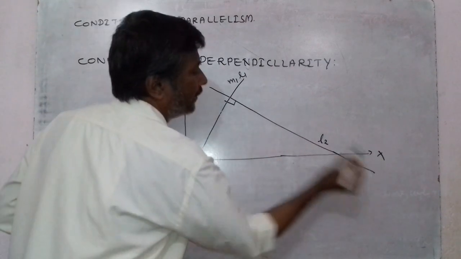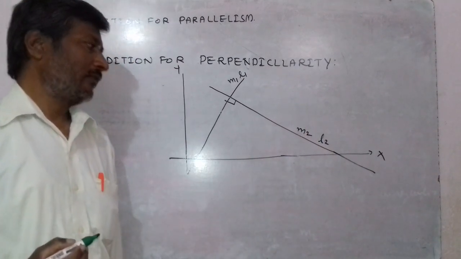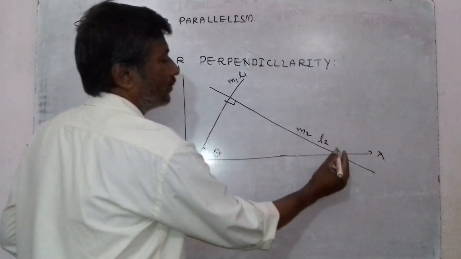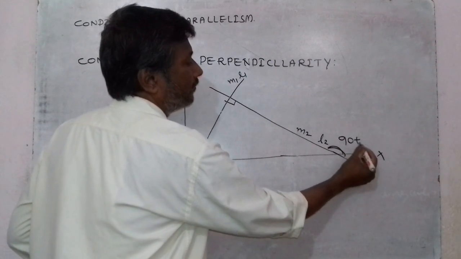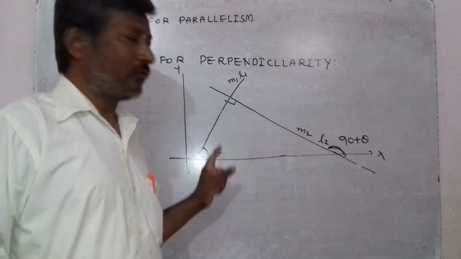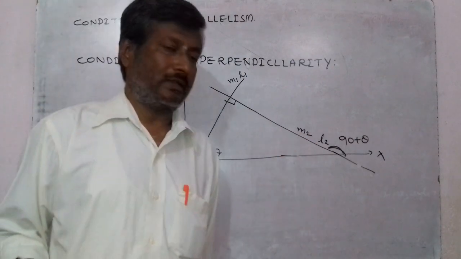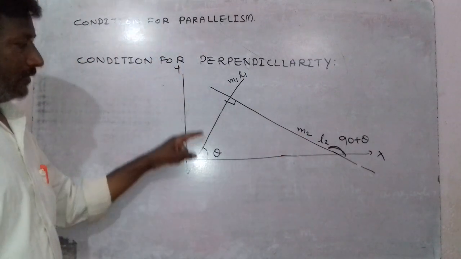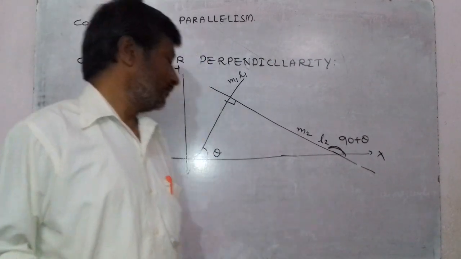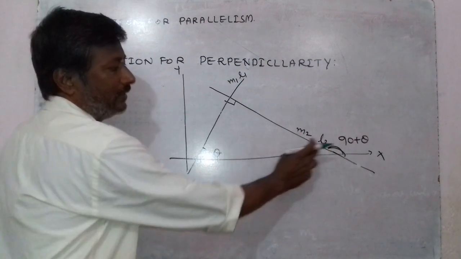This is line L2. The slope of this one is m2. This makes an angle theta, and this angle equals 90 plus theta. So exterior angle is equal to sum of interior opposite angles. So observe here, the slope of this line is m1, the slope of this line is m2. So here we are going to find the relation between this and this one.